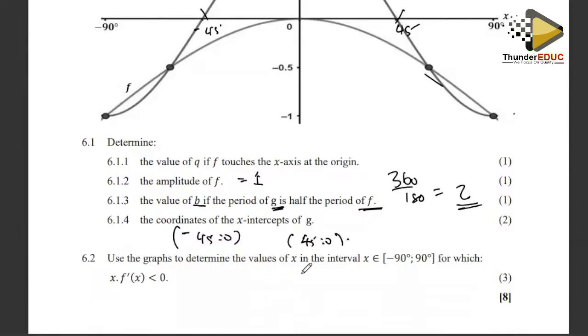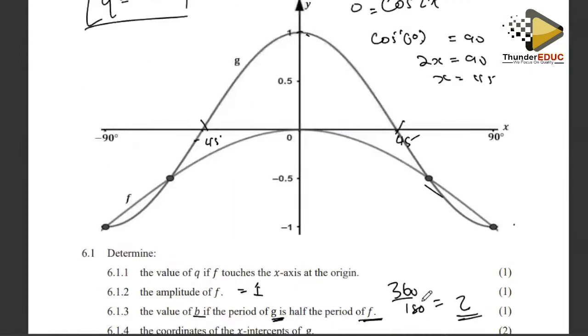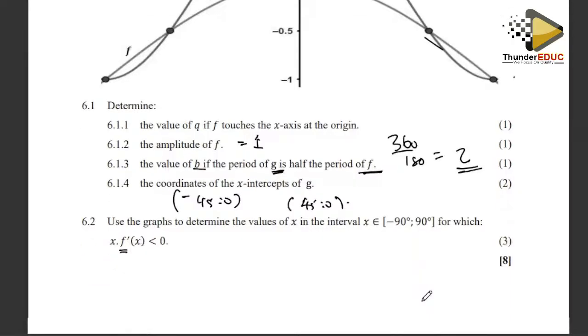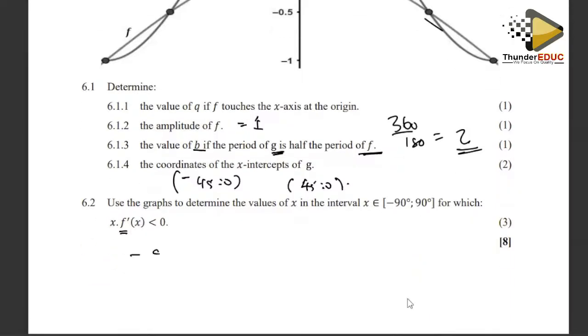Then use the graphs to determine the values of x in this interval for which x times the gradient is negative. When you look at the negative side, I think it satisfies all the values. So -90 is less or equal to x less than 0, or we can have 0 less than x less or equal to 90.